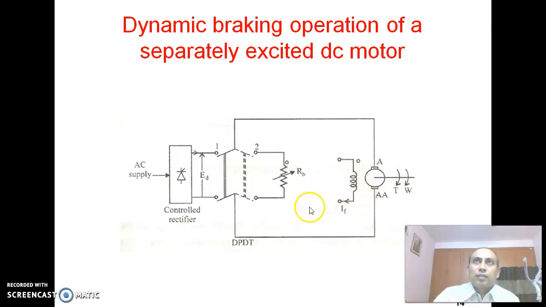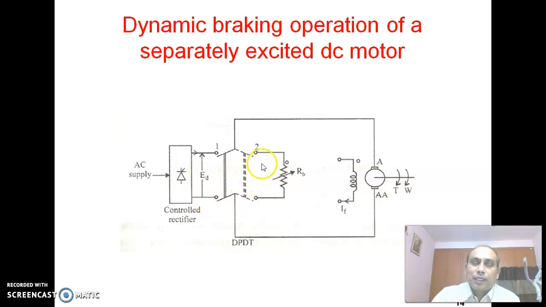Here ED is the supply voltage to the motor, or the output of the controlled rectifier, and ED can be changed by changing the firing angle of the rectifier. So ED is a function of alpha.